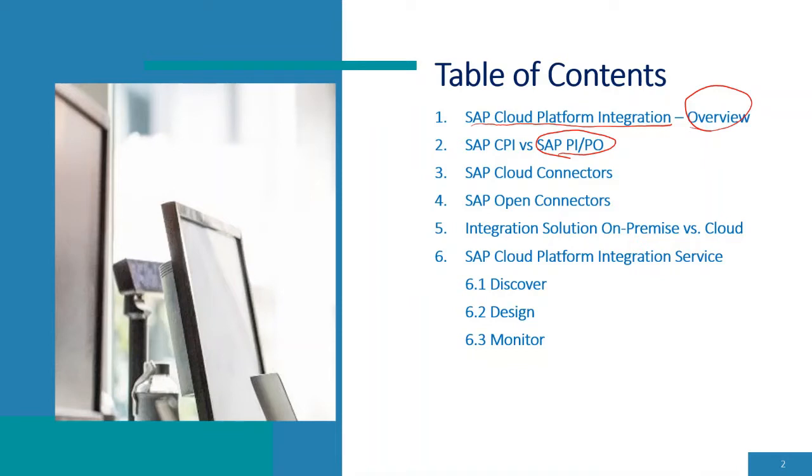Later it was rebranded to CPI, Cloud Platform Integration, and recently, as part of Integration Suite, it has been renamed to Cloud Integration, CI. All these things are the same. If I say CPI, I am talking about the latest CI itself. When we log into the system you will understand, but since we have been using this for many years, we are used to saying CPI.